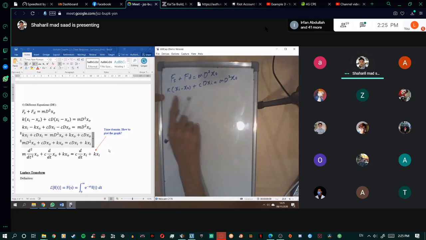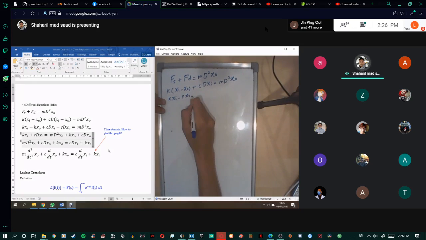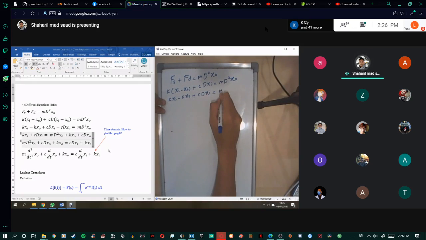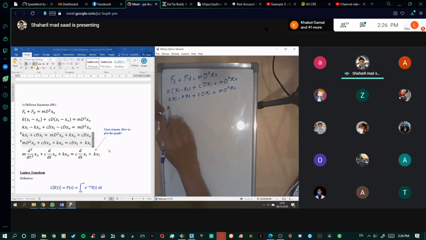Then k xi minus k x naught. The Laplace transform is more of a mathematical solution. And then you can combine with k plus cd.